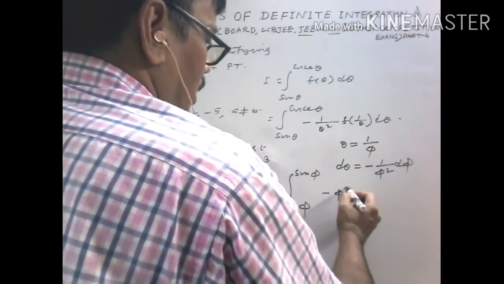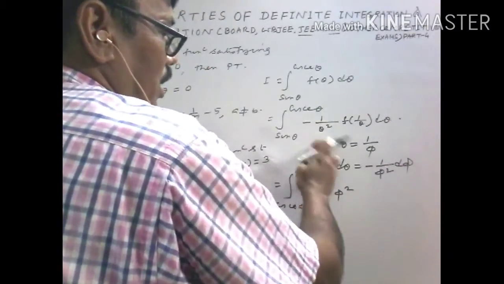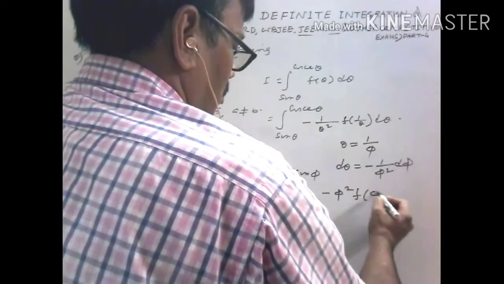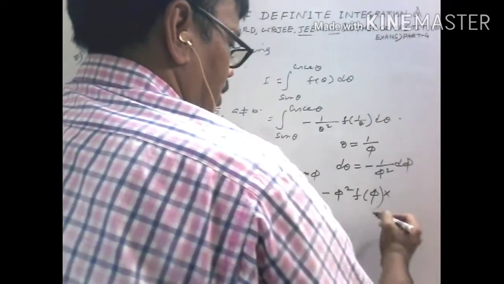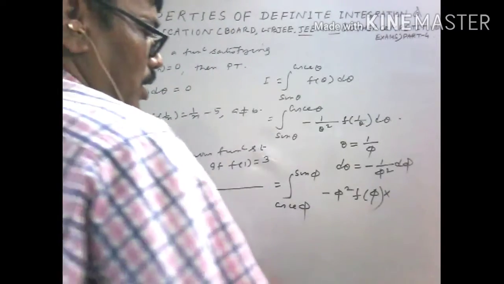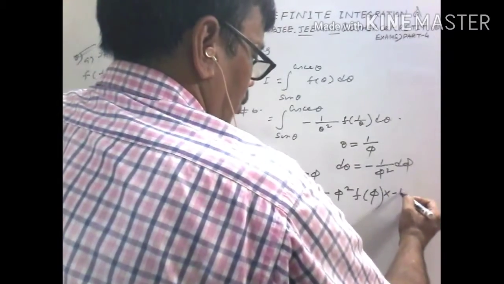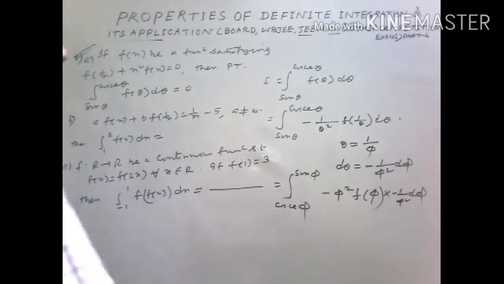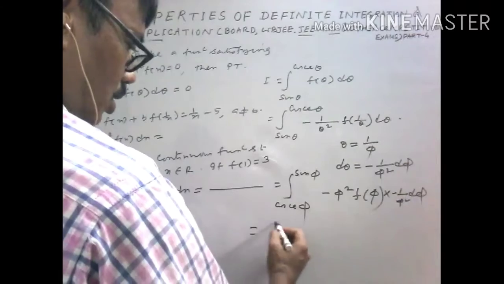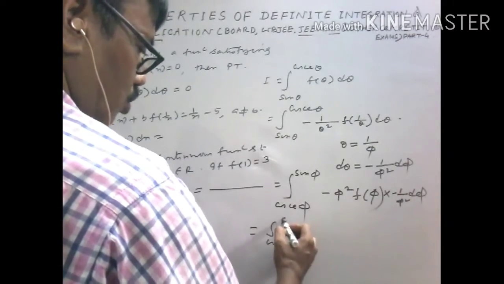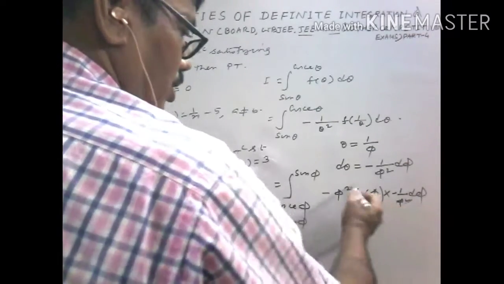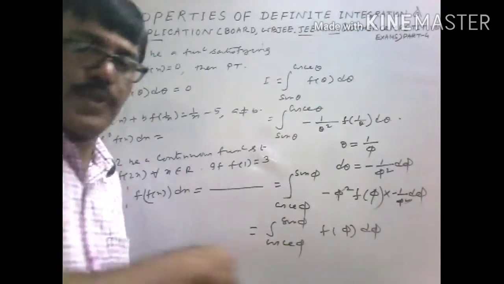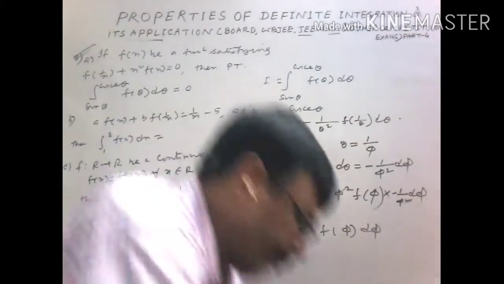Minus phi square, 1 by theta equals to phi, minus phi square f of phi, and this is again minus 1 by phi square d phi. So finally what we are getting, look, from cosec phi to sin phi, this one minus 1 as plus f(phi) d phi.